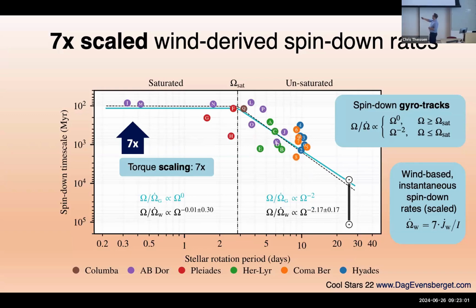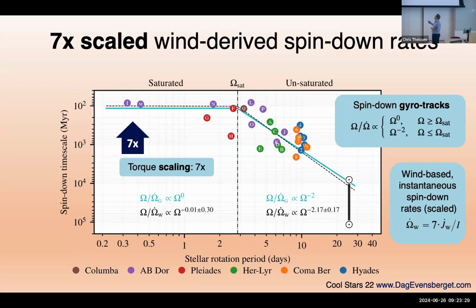So we see the fitted line to our data points here, shown in black, is perhaps serendipitously very close to the gyro tracks that we came up with originally. You have the instantaneous spin down rate computed from the numerical models in black, very close here. They almost look flat.